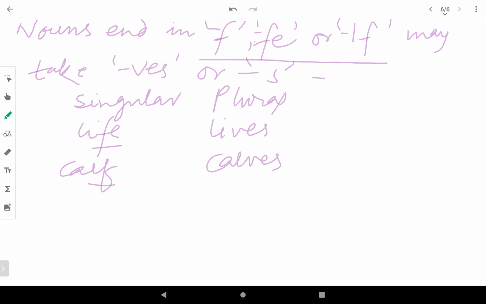Words ending in f, like roof. You look at this roof. This word ends in f, and it takes s.